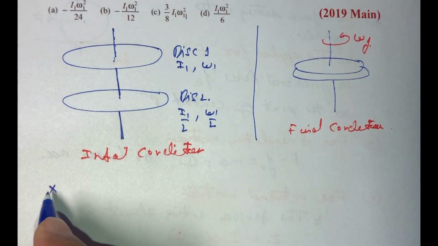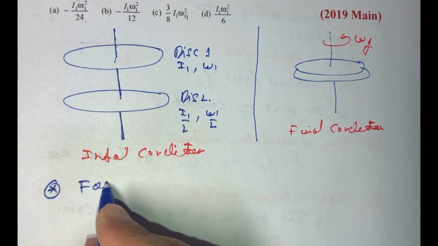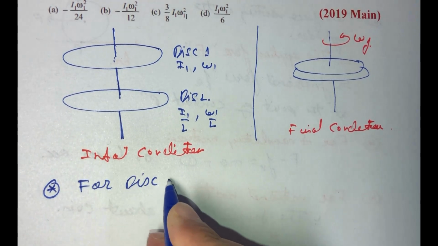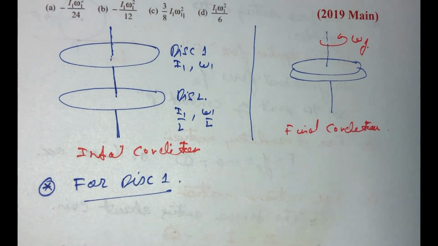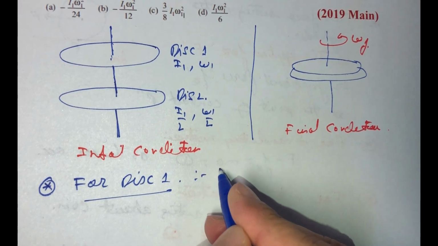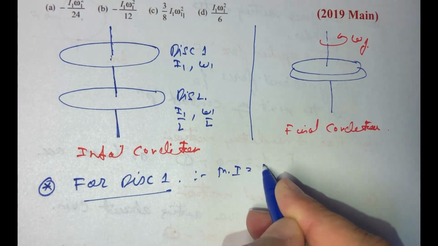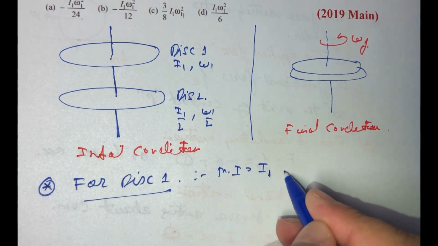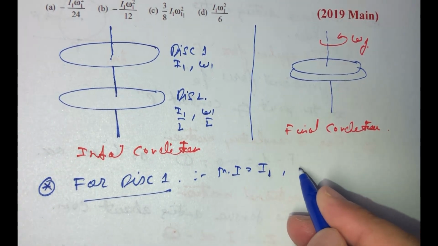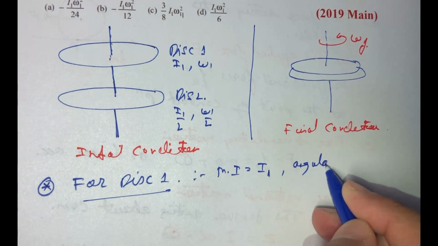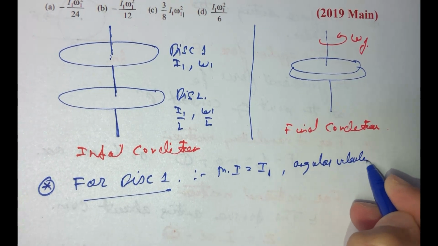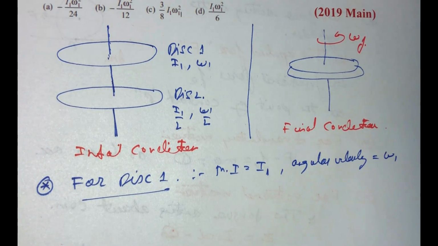So for disk 1, moment of inertia is given as I1 and angular velocity is omega 1.